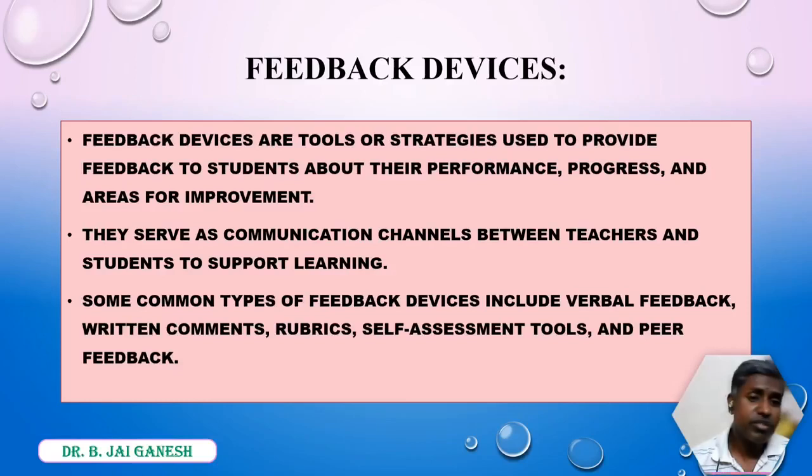Sometimes the students may not be ready to give correct feedback in front of teachers or in front of others. But in this case, we give the opportunity to students in a different method, such as verbal feedback individually, or written comments, or rubrics.